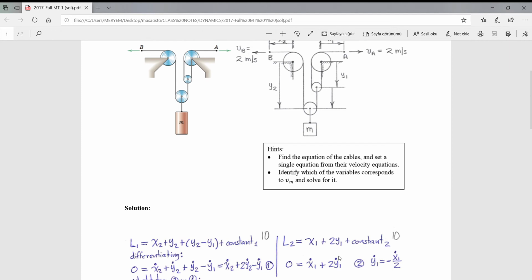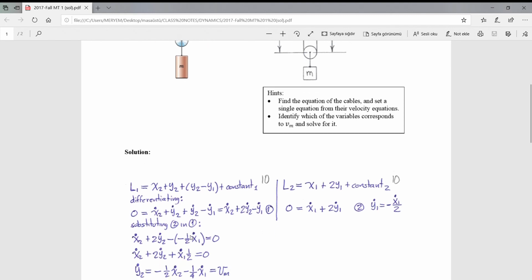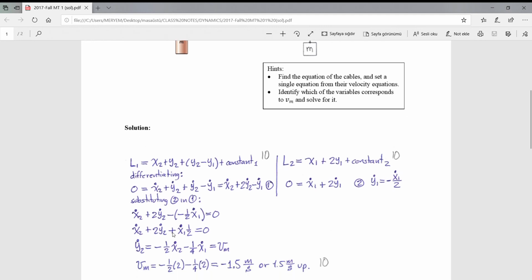So we found this equation and we can say that y1 dot equals minus x1 dot divided by 2, and let's substitute into both equations. We write minus x1 dot divided by 2 instead of y1 dot, and we found this equation.